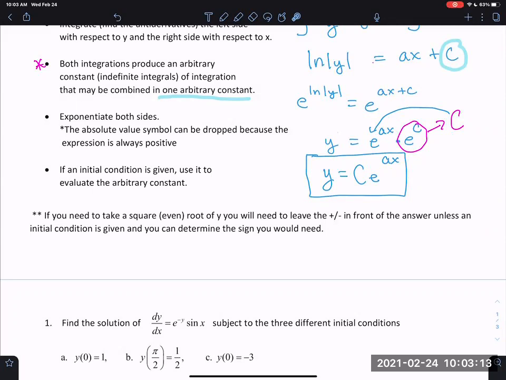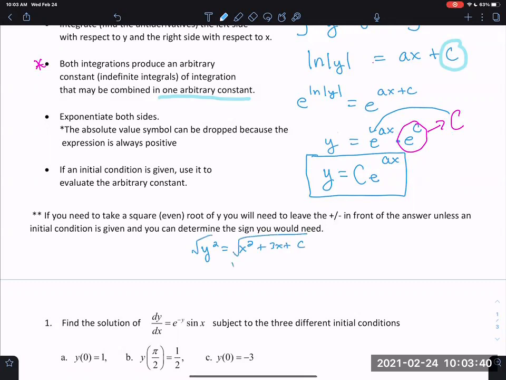So you would plug in like we did in section 8.1 and then in turn 8.2 with certain problems, and we'd get our C. And then this last note, if you need to take a square root or an even root of y, so your setup would look like, right, like this. So like y squared equals x squared plus 3x plus c or something like that. And you would be doing this.